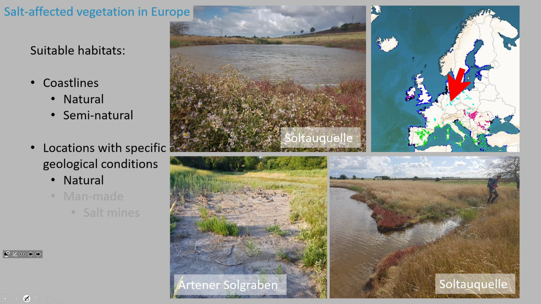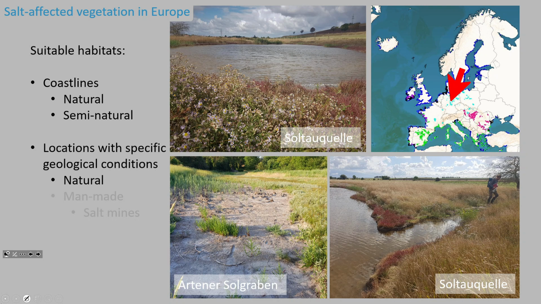And it's quite nice to see that in this rather boring agricultural landscape, you suddenly have a little stream going through where species like Glaux maritima are growing, that you would expect to see when you go next time to the North Sea, but not in an arable field somewhere.